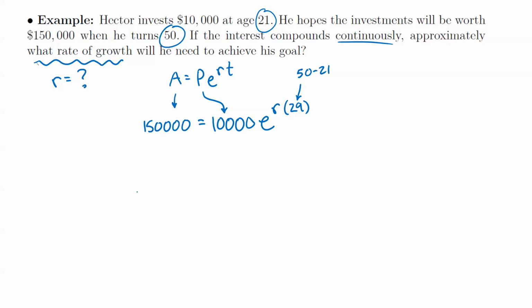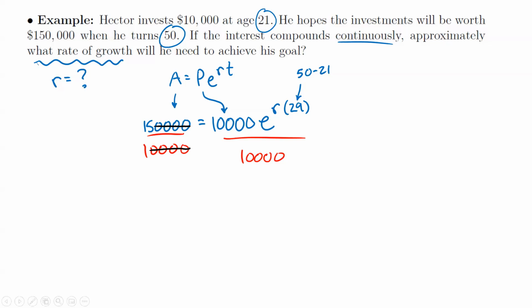But I just have one unknown. So like in that last problem, my first task is to get the exponential by itself. So we'll divide by 10,000 on both sides. And there's quite a bit of simplifying you can do here, because if both numbers end in zeros, you can just cross off the same number of zeros in both numbers.